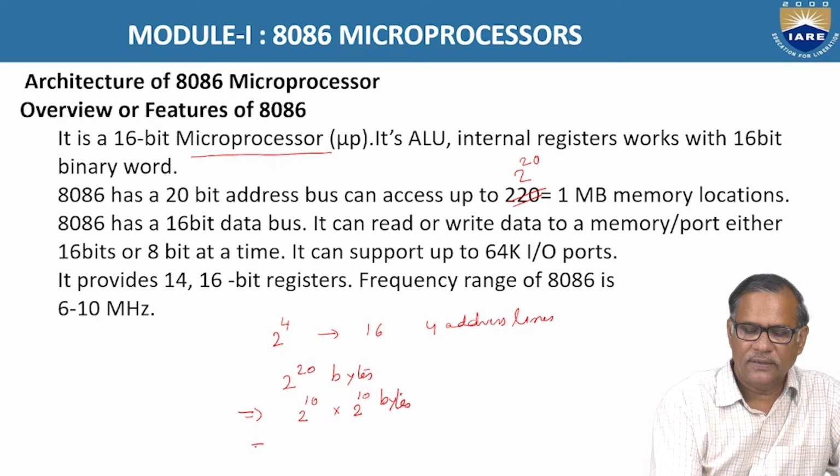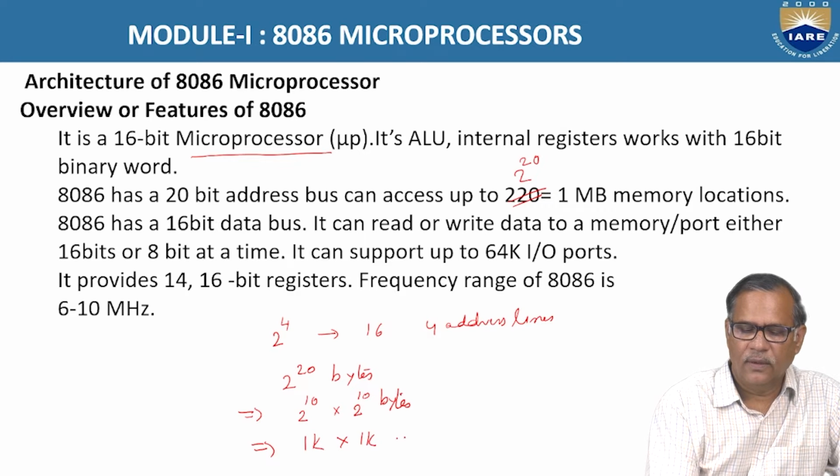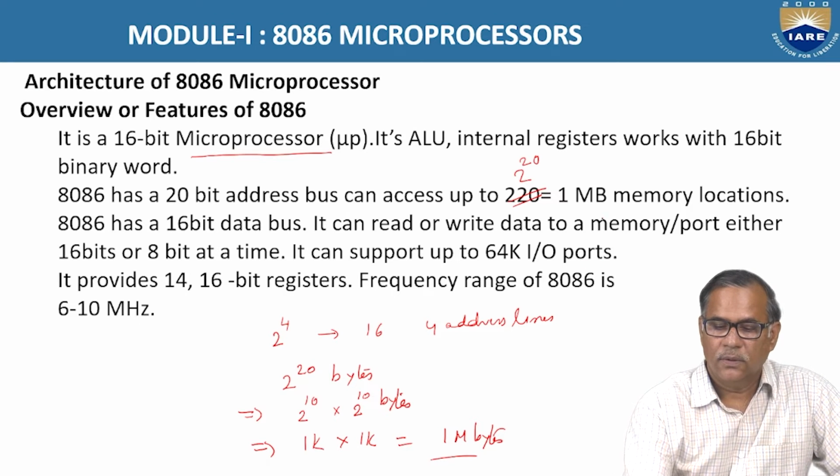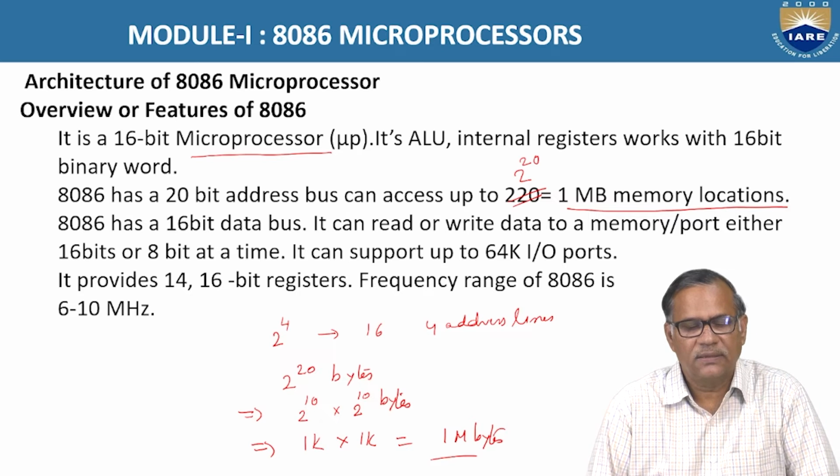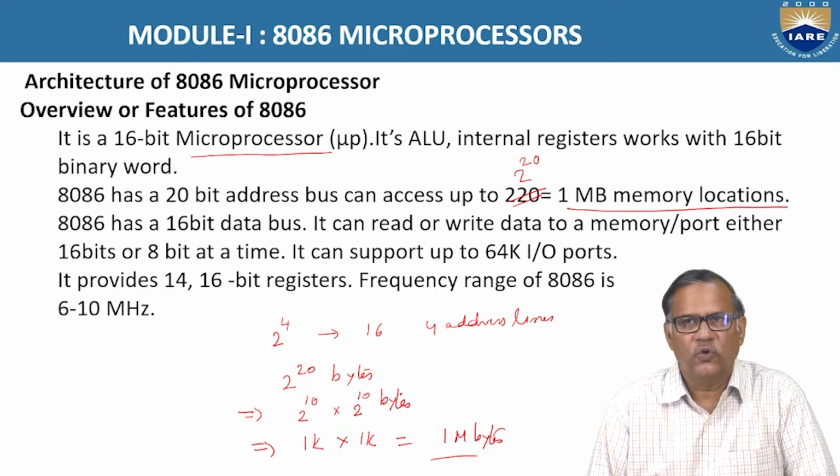So 2 power 10 is 1k multiplied by 1k. So this is equal to 1 megabyte. And 8086 has a 16-bit data bus, so this can read or write data either 8 bits or 16 bits.